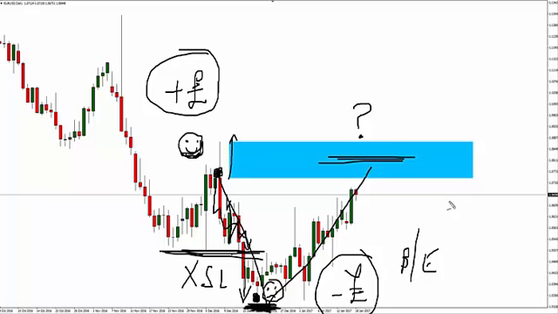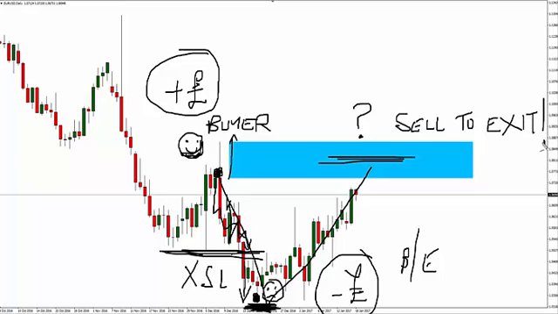So if they bail out at break even, and they were a buyer over here originally, the only way that transaction is possible is if they sell to exit at break even, right? Interesting. So what? Now we know there's an area where there should be some selling occurring.